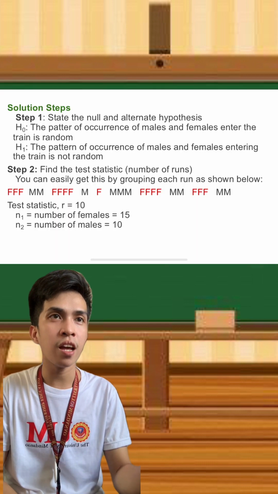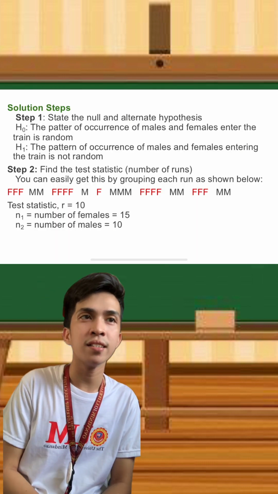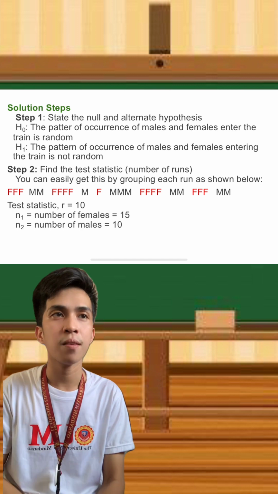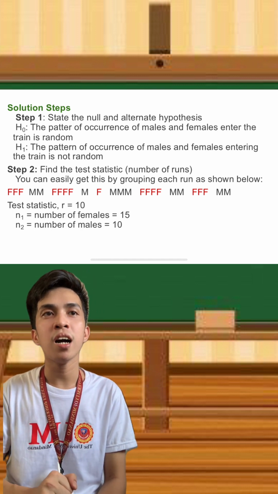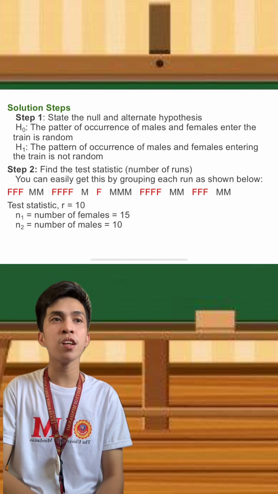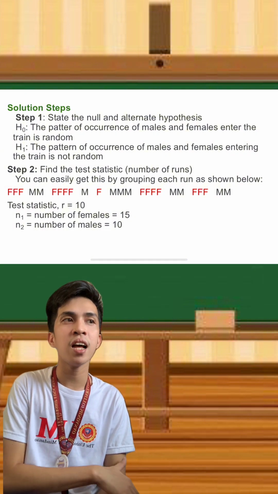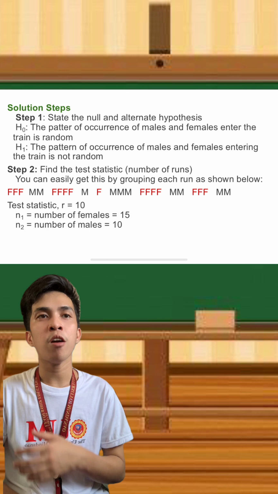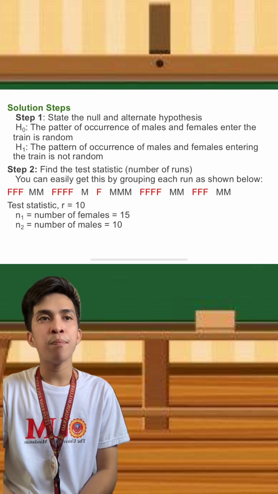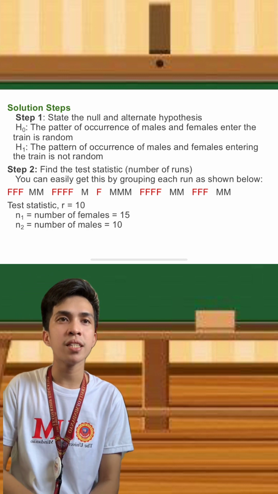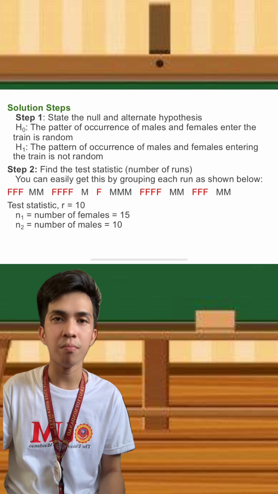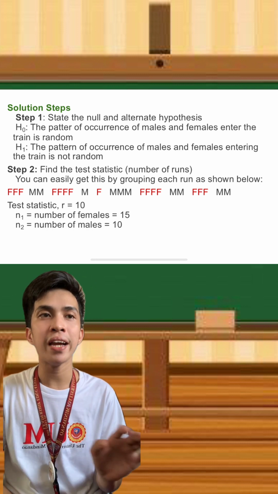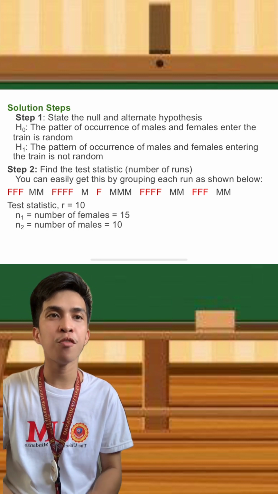The first step is to state the hypotheses. H sub 0, the pattern of occurrence of males and females entering the train is random. H sub 1, the alternative, the pattern of occurrence of males and females entering the train is not random. For step 2, find the test statistic, the number of runs.